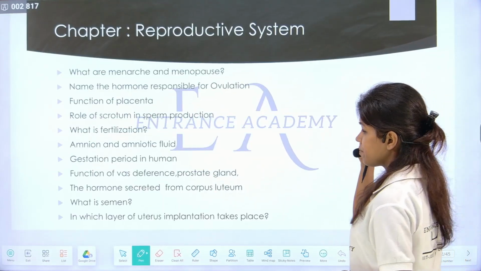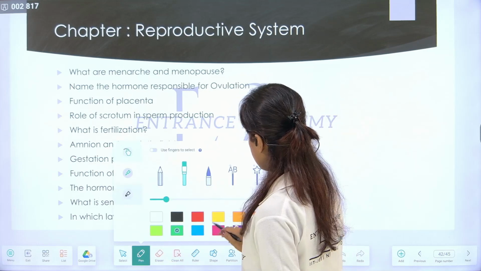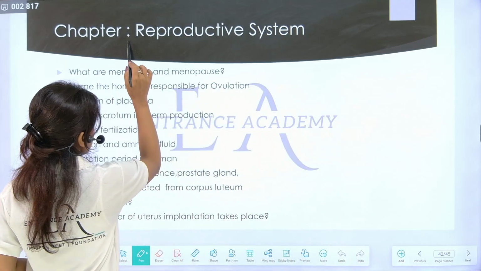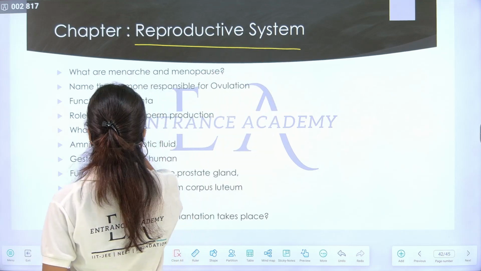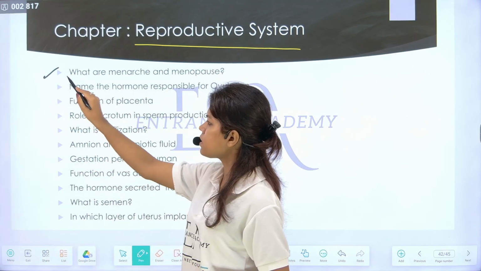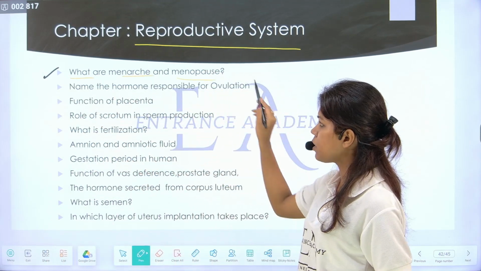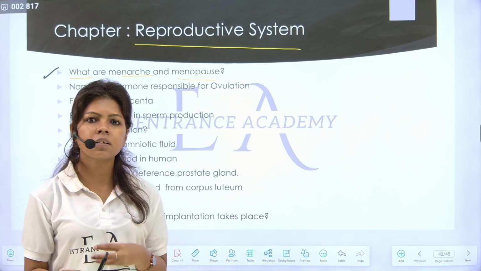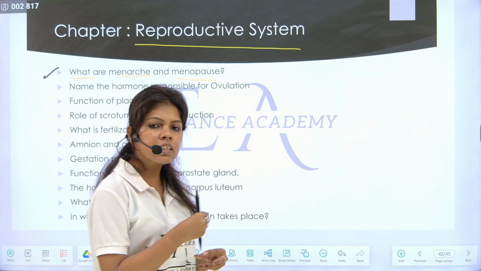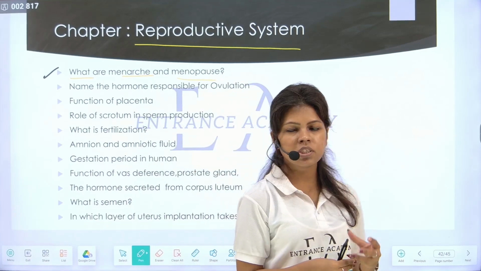Next. Reproductive system. The first question which you can expect from this chapter is, what are menarche and menopause? Menarche is the onset of the menstrual cycle. As we know, the menstrual cycle is a monthly cycle in every female primate.